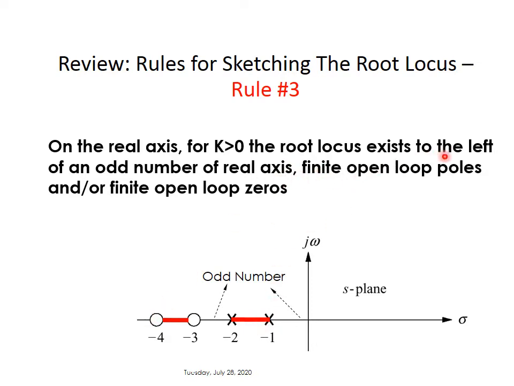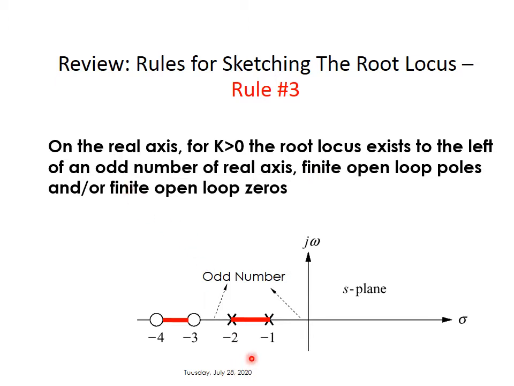And it exists to the left of an odd number of real axis, finite open loop poles and finite open loop zeros. So what it says is basically it is on the left of an odd number, but this is exclusively for finite open loop poles and finite open loop zeros.